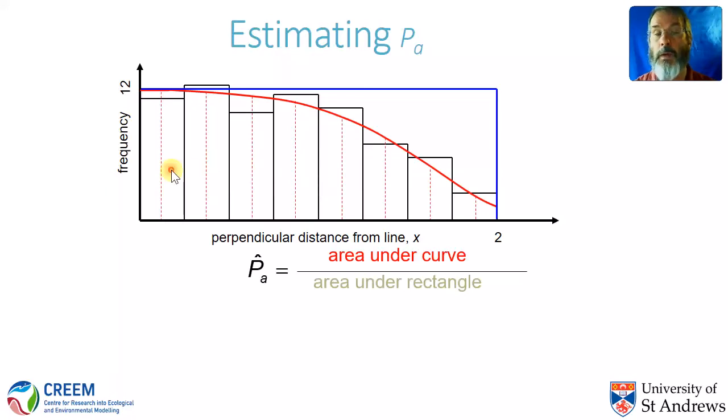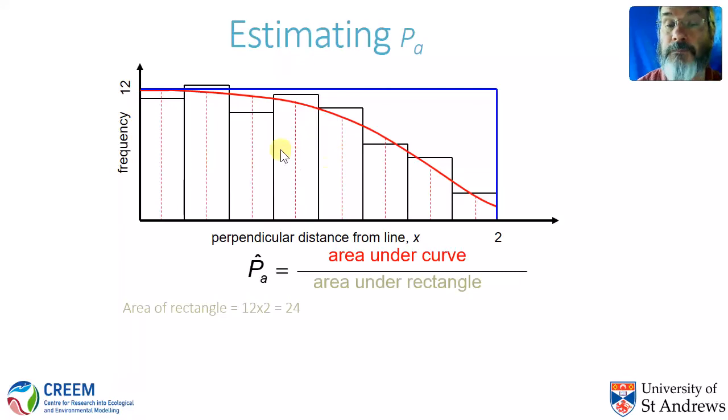The connection between the histogram of perpendicular distances that you record and probability of detection is moderated through the fitting of this detection function. Okay. So the way in which we estimate the probability of detecting animals inside our covered region is by taking the area under this detection function and dividing it by the area of this rectangle.